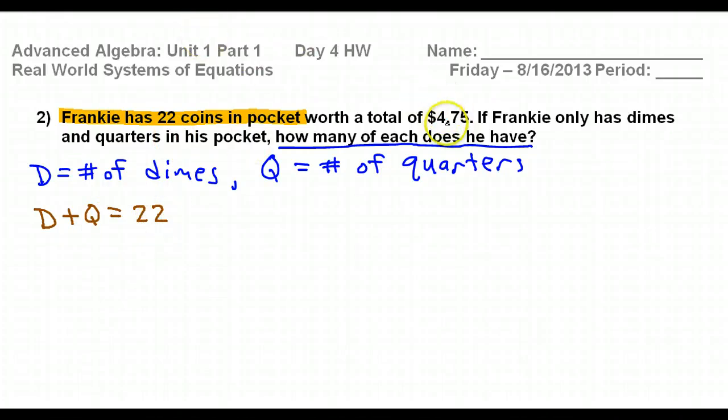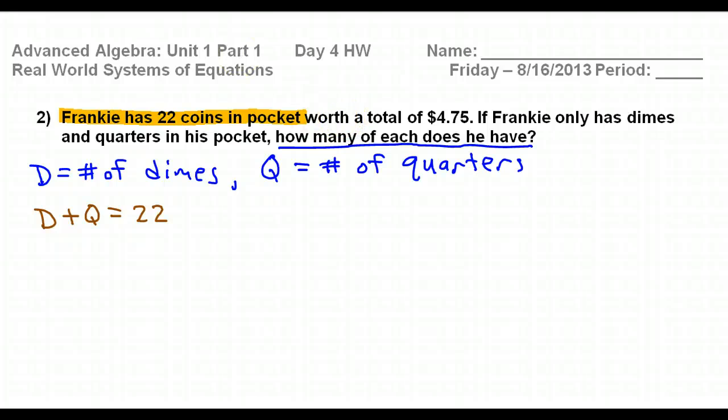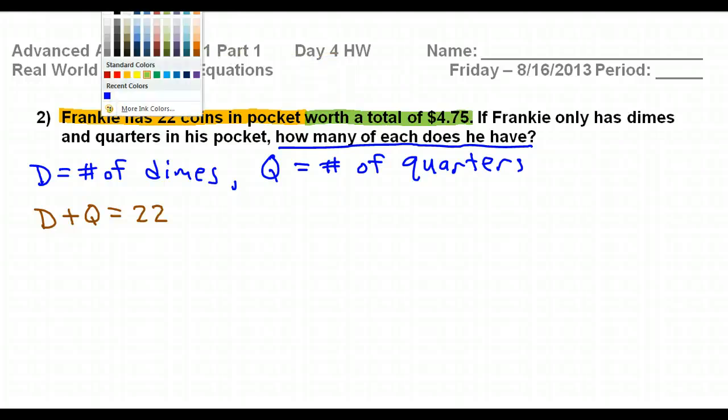Now the money equation. Okay, the money equation is going to come from this right here. Okay, worth a total of $4.75. Now this is very common. This shows up over and over again, so just get comfortable with the pattern that I'm about to demonstrate for you again.